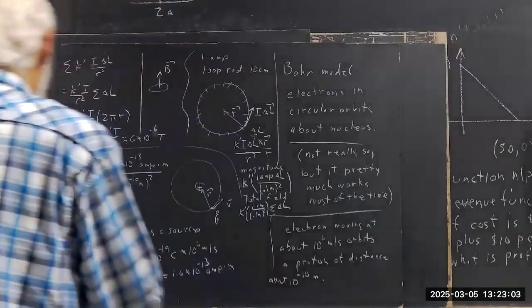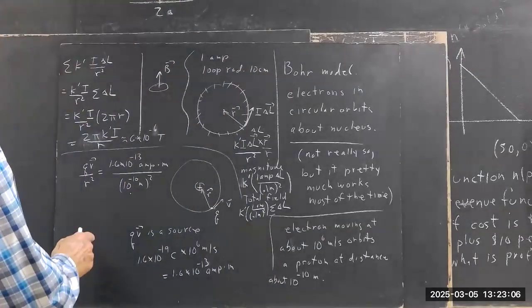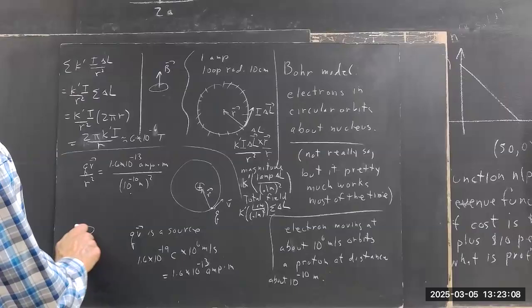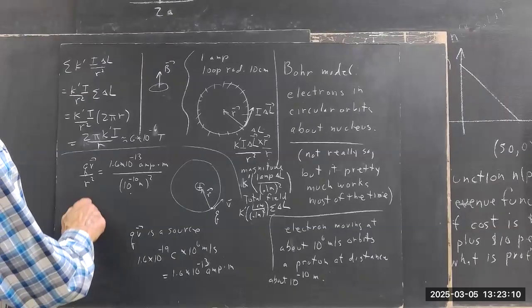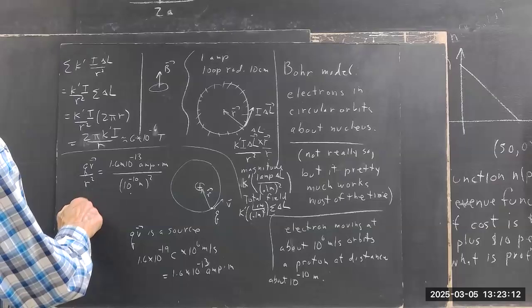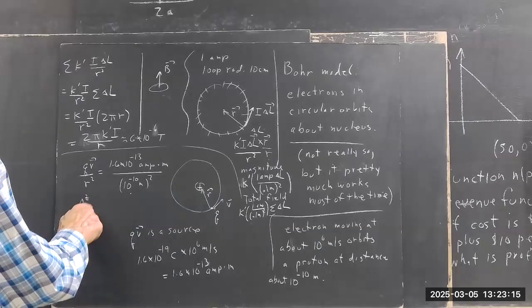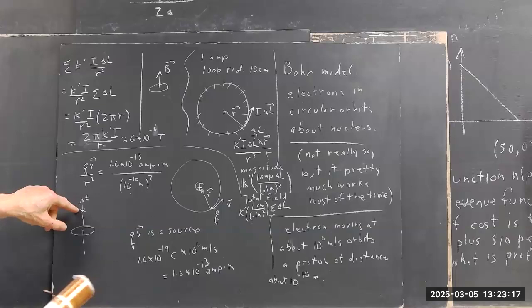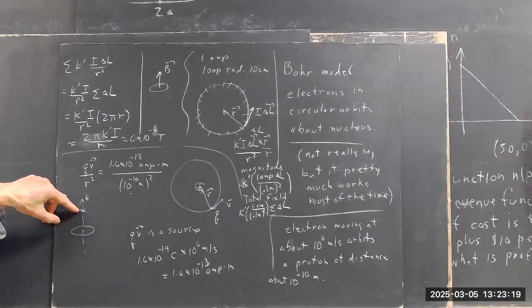And we looked at the situation previously where you've got a loop and a z-axis here, and you want the field at a point along the z-axis, right?